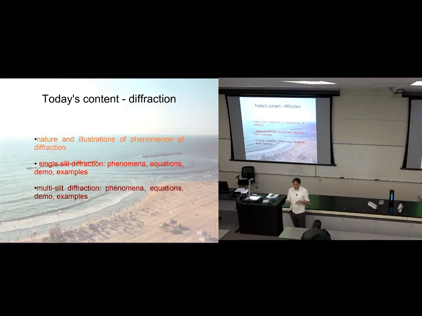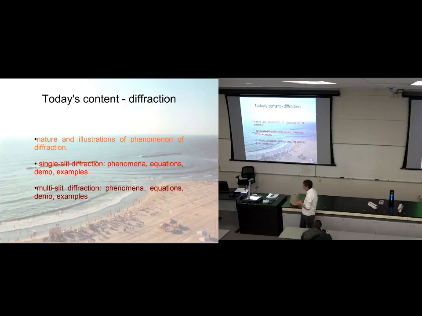We'll talk about an example of diffraction which is called single slit diffraction. It's diffraction by a single slit, obviously. We'll explore that, and we'll see equations and formulas describing it, and we'll look at some example problems involving single slit diffraction.